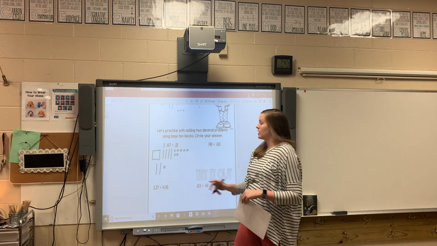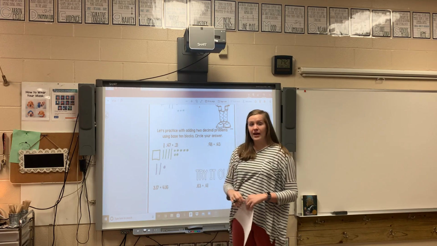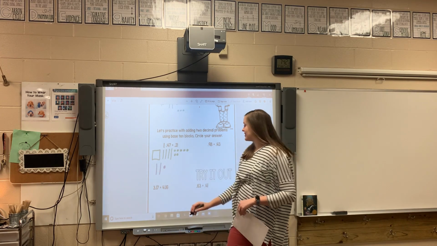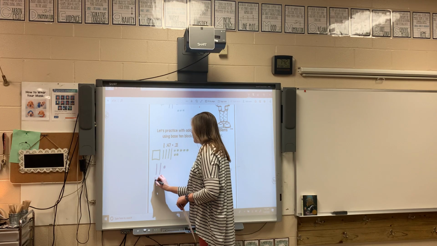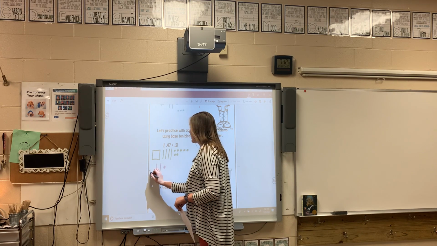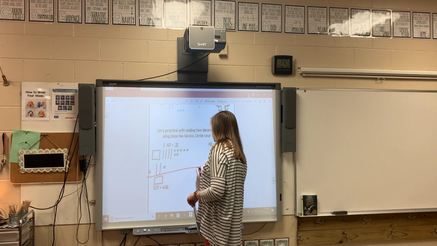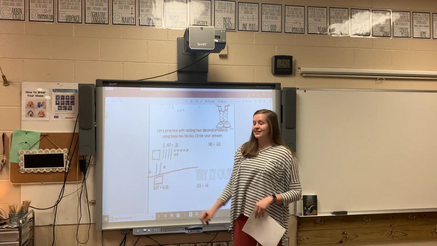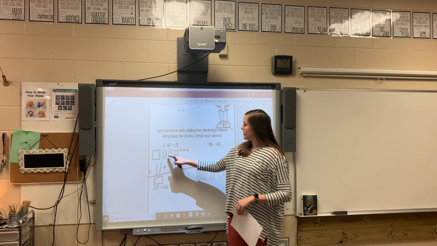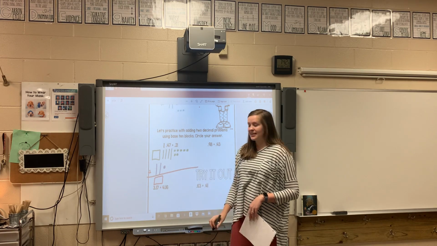Alrighty. So I have 1 square. I didn't have any squares in my second one, so that's just the 1 square, right? I'm adding these together. How many tenths did I have? Let's count. 1, 2, 3, 4, 5, 6 tenths.